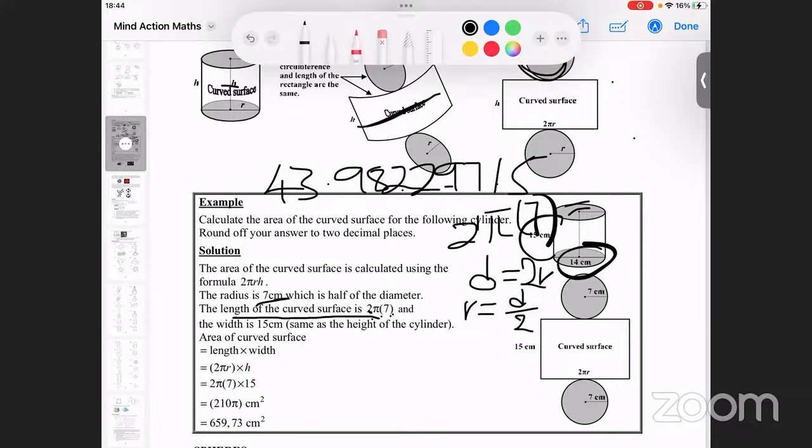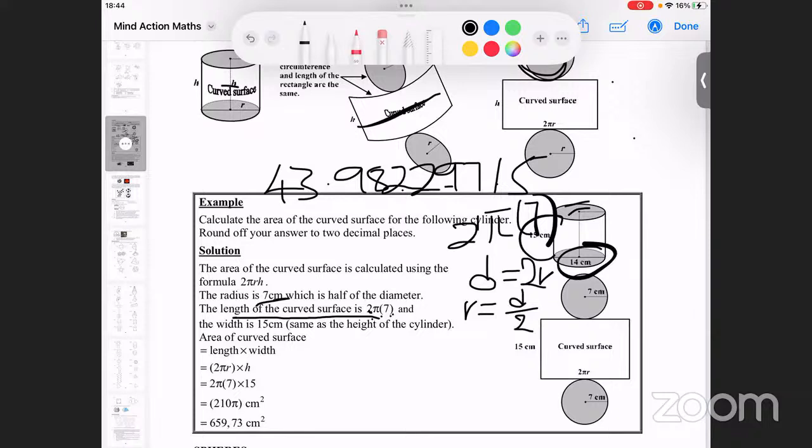Ma'am, how do you do it on the calculator? The pi. Yes, okay, ma'am. I see the pi, right? But then I don't understand how Zira got her answer. What did you have on your calculator?